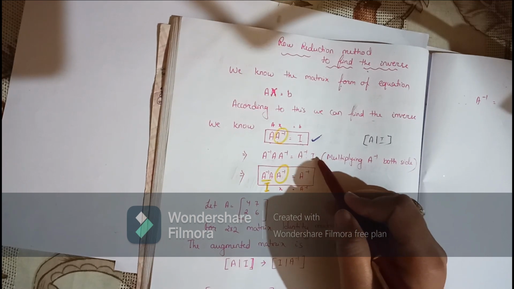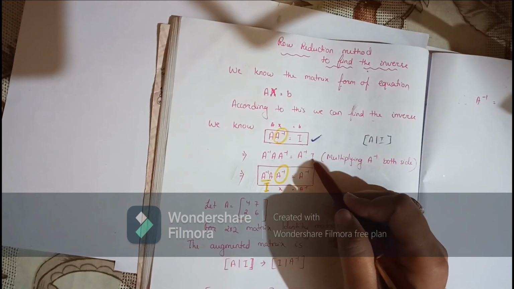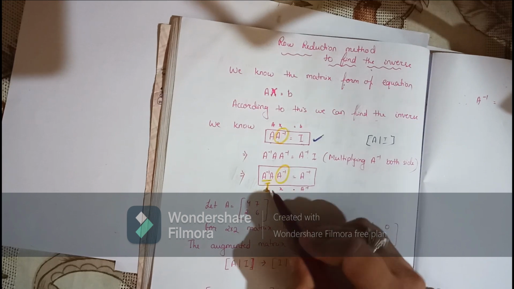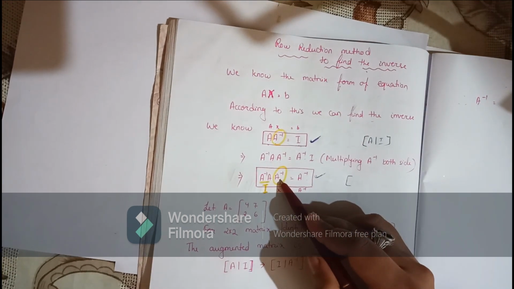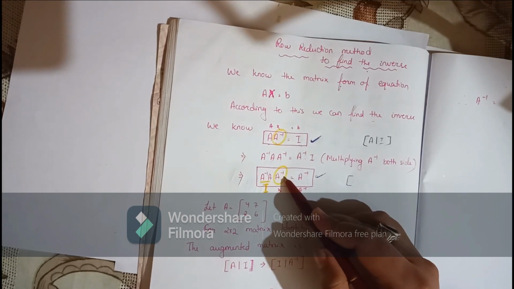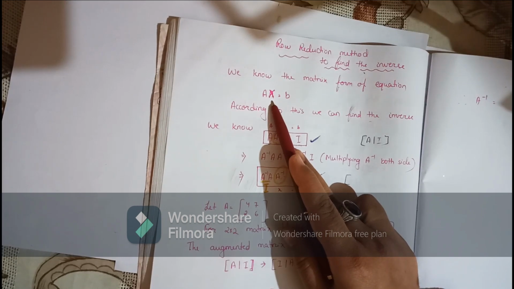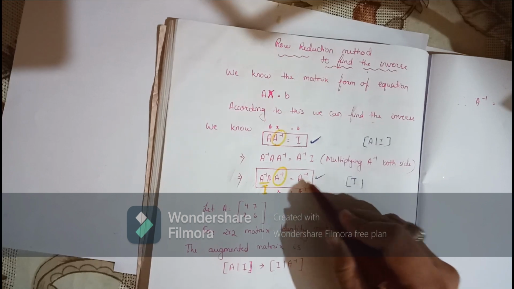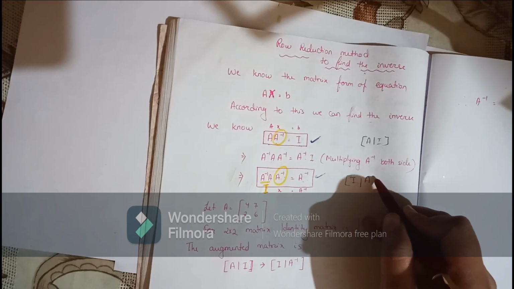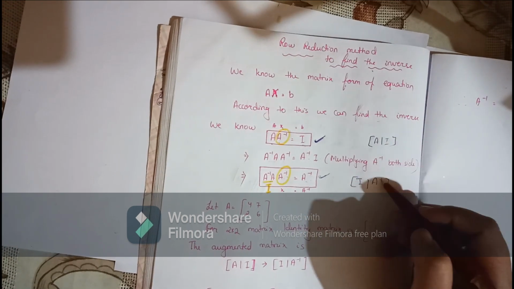A inverse multiplied by I gives us A inverse because this is the identity matrix. So now if I want to augment this matrix, A inverse we have to keep aside because we are considering it as X in this system. So here I'll write I, and on the left-hand side A inverse will be there. Now these two are equal, no?